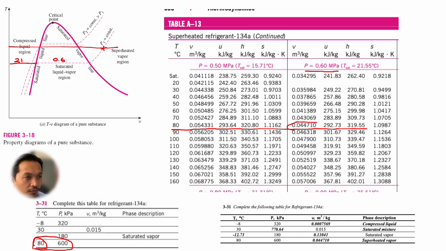We know it's 0.04471 for the specific volume, and it is located in the superheated vapor region. So there you have it. Hopefully that helps. I'll see you in a future video. Thank you all.